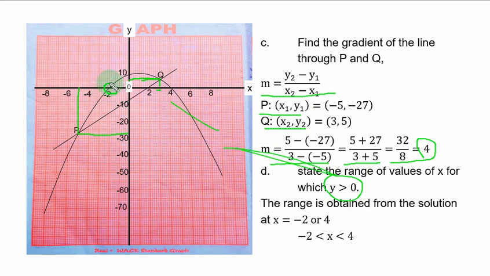Earlier it is -2, and the other one is 4. So s is equal to -2 or 4. And you state the range using the symbol of inequality. So you have -2 less than s less than 4 is the range of values for which y is greater than 0.